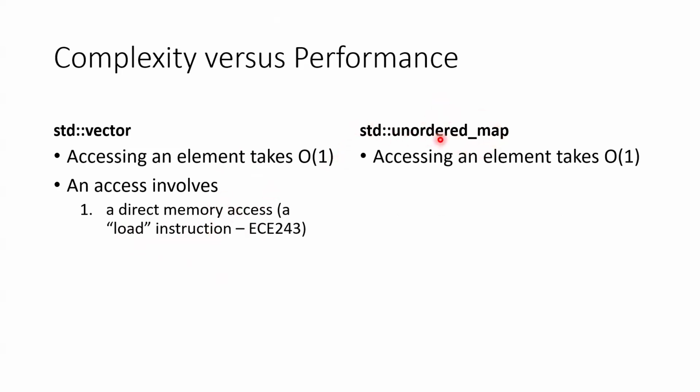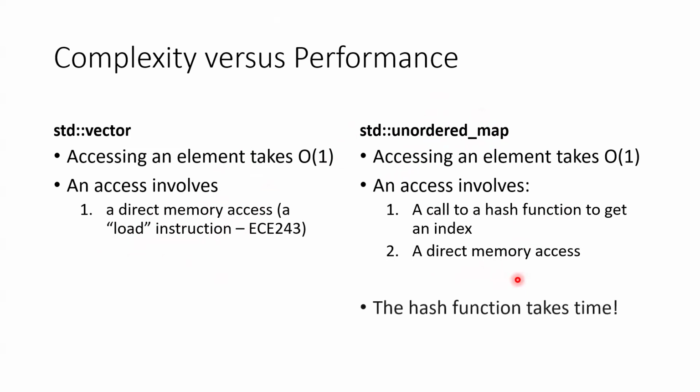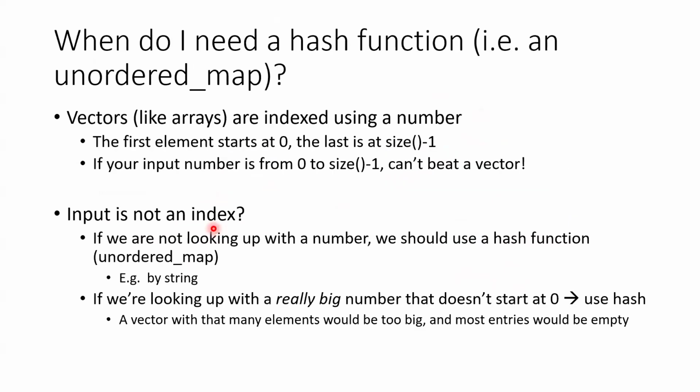Unordered map needs to first call the hash function to get an index and then do a direct memory access. So this is going to be slower than the vector because the hash function takes time. So when do I need a hash function?